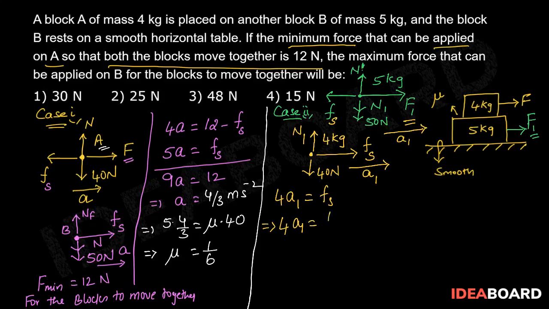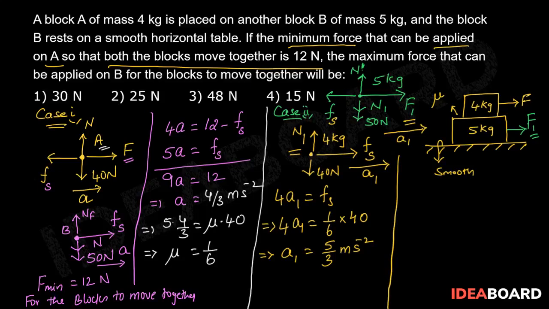Mu is 1/6 and the normal reaction force between 4 kg and 5 kg is 40 newtons from the FBD of the 4 kg. So on simplification, we get a1 = 5/3 m/s².